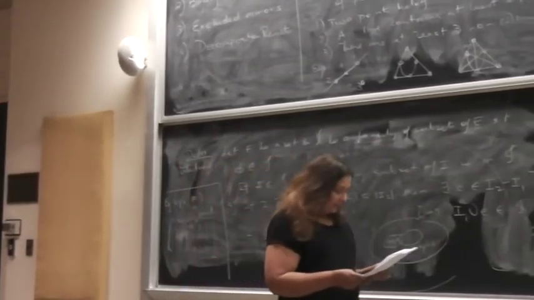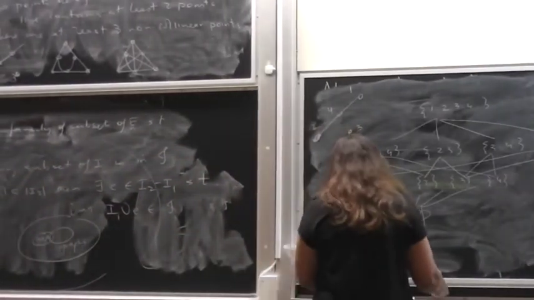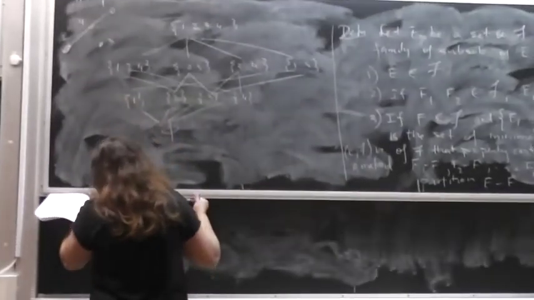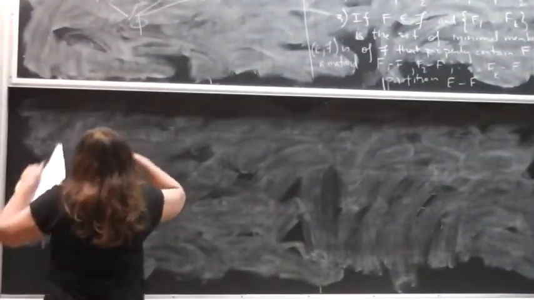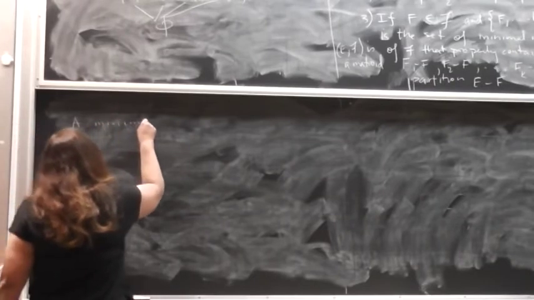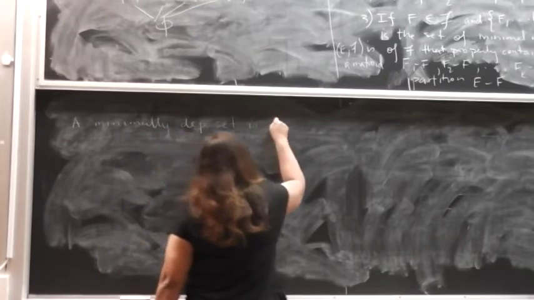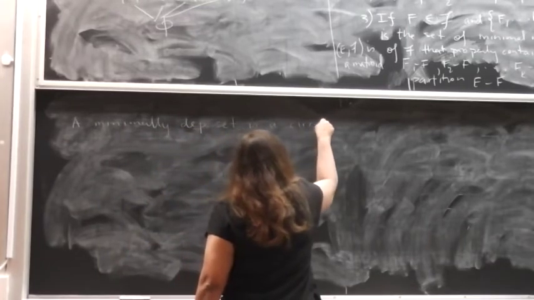So, a set that is not independent is called dependent, right? And a minimally dependent set is called a circuit.